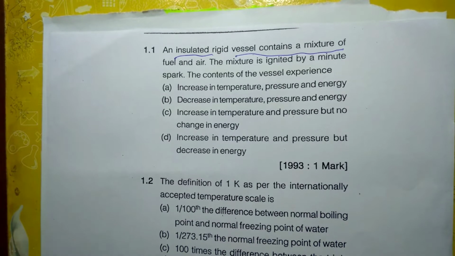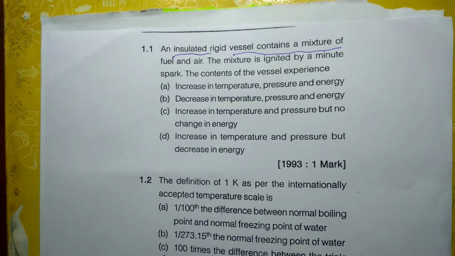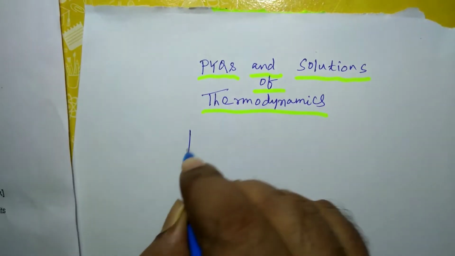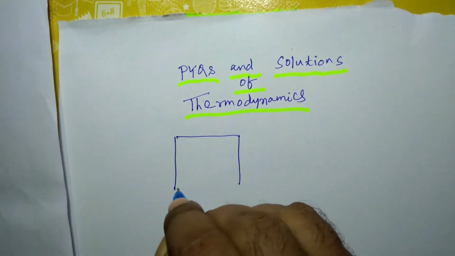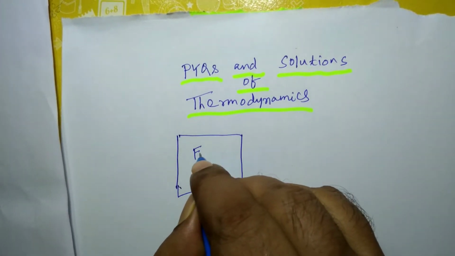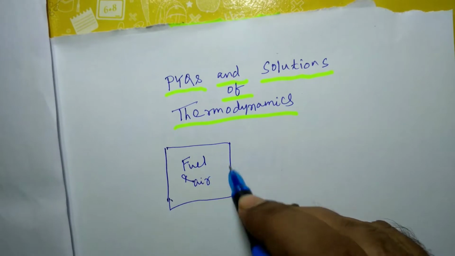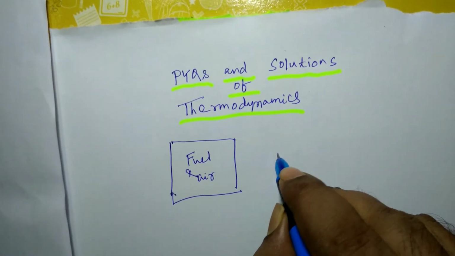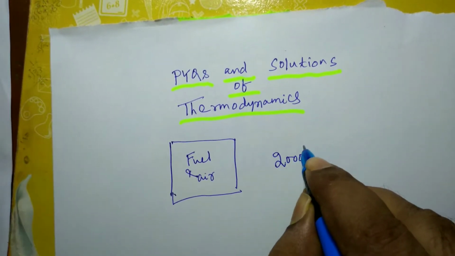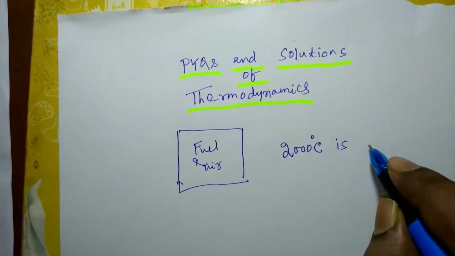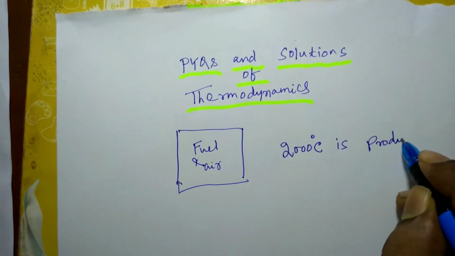That means when it is ignited, a high temperature is generated inside where the fuel and air is there, and once the mixture is ignited, a temperature of around 2000 degrees Celsius is produced, and of course pressure is also increased.